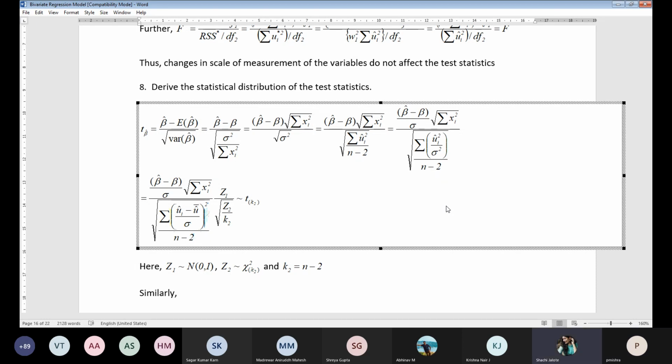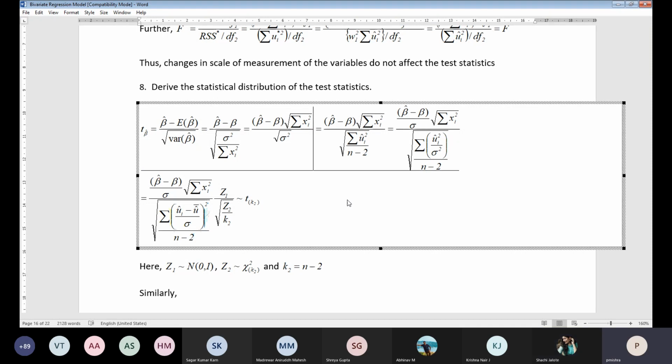Yi is a normal variable, it follows normal distribution. Alpha hat follows normal distribution. And beta hat also follows normal distribution.